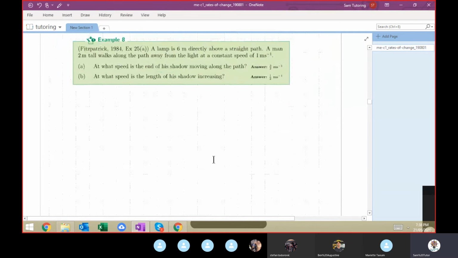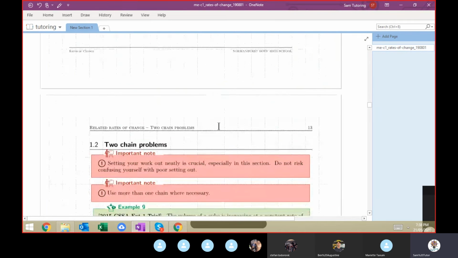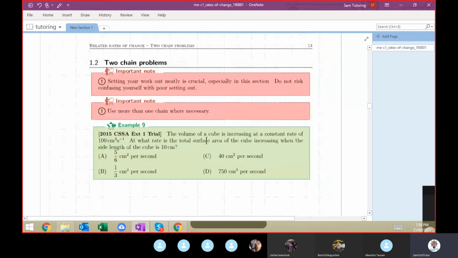Does it make sense so far? It could be a lamp, velocity I think it was, or the volume of a cube and surface area.